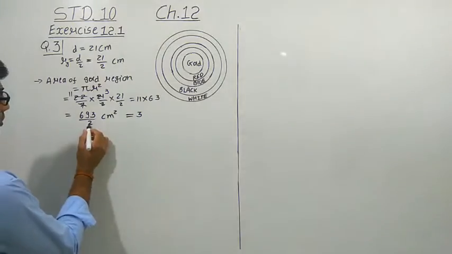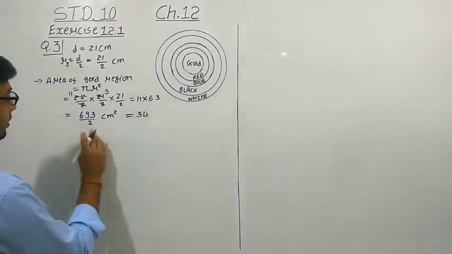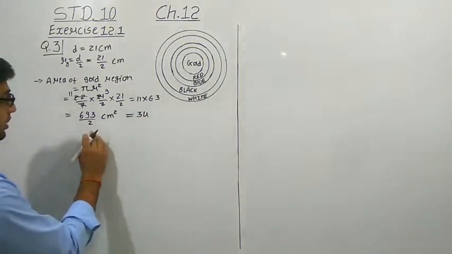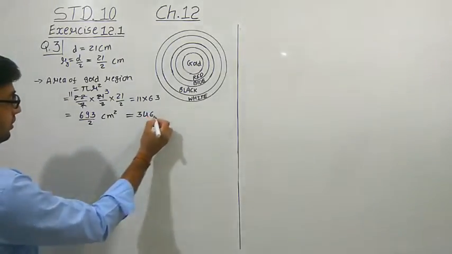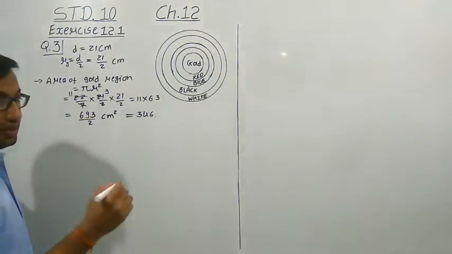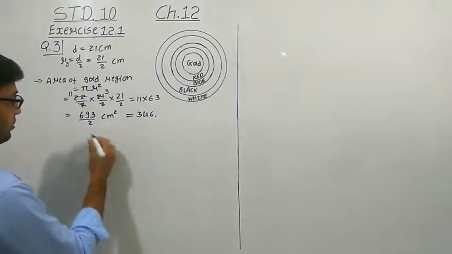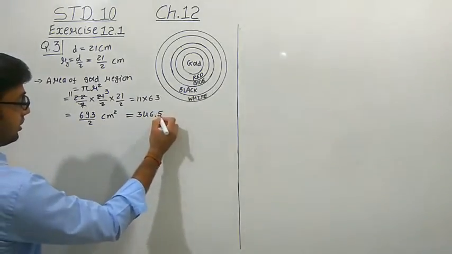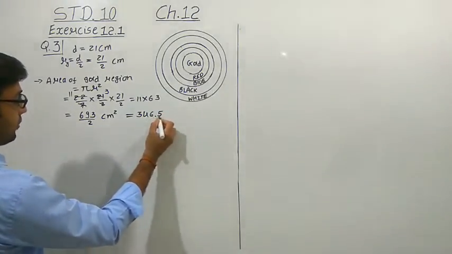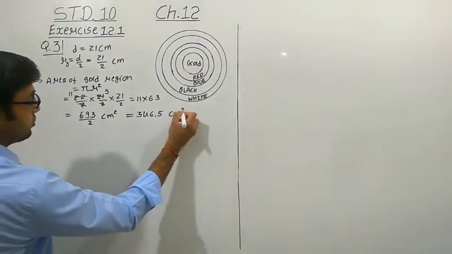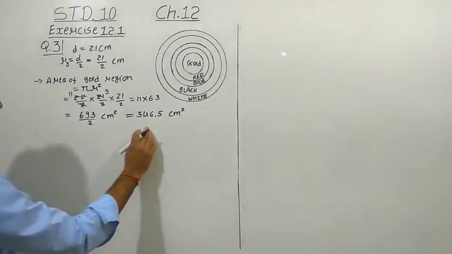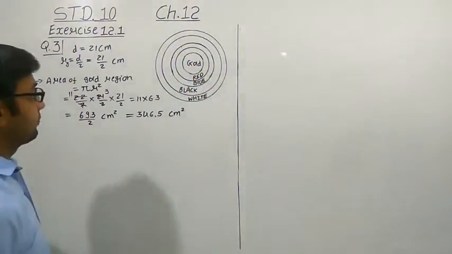Now 2 fours are 8. 1 is the remainder, 13. So 2 sixes are 12. Now 1 is the remainder. We can put the decimal point and 0. So 2 fives are 10. So this is the value, 346.5 centimeter square. This is the area of this gold region.